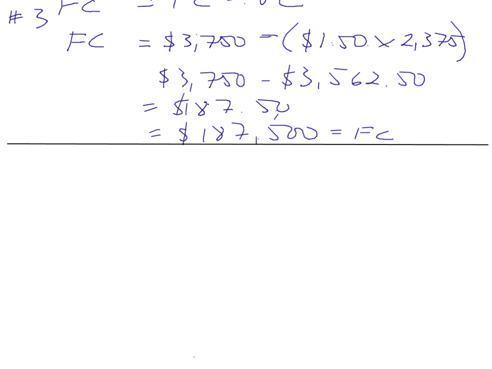Part B says the company expects a record 2,600,000 visitors next year. What would be the estimated maintenance costs? So now that we have our figures for fixed cost, and we know what our variable cost is, we can definitely calculate our total costs. Remember, the formula is total costs equals fixed cost plus variable cost.